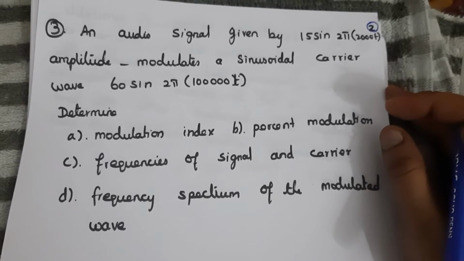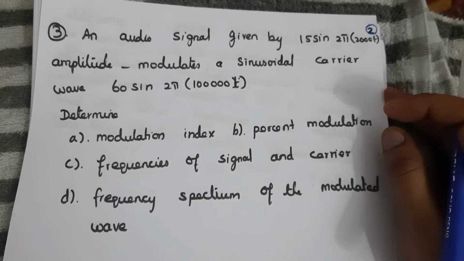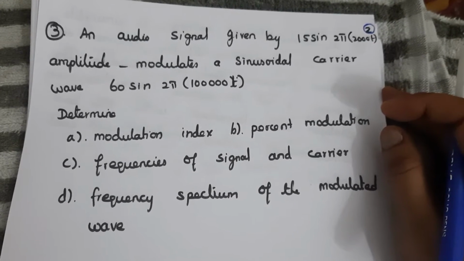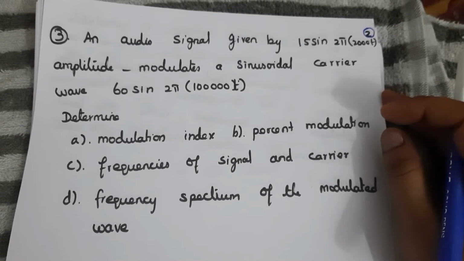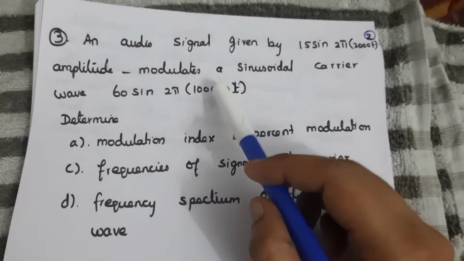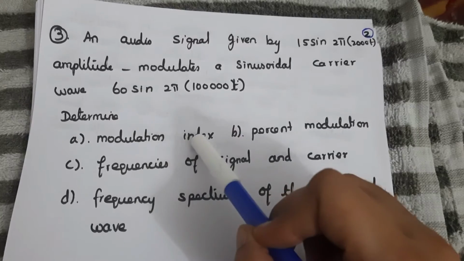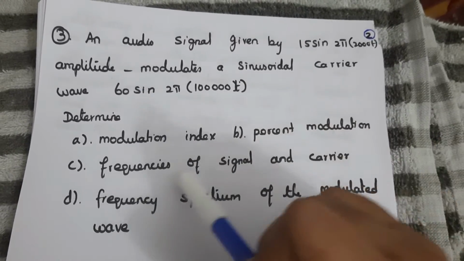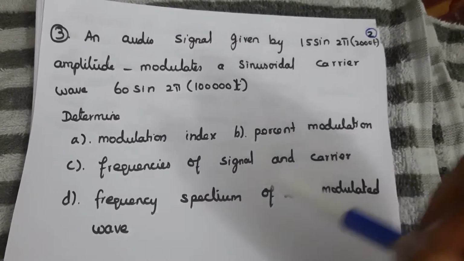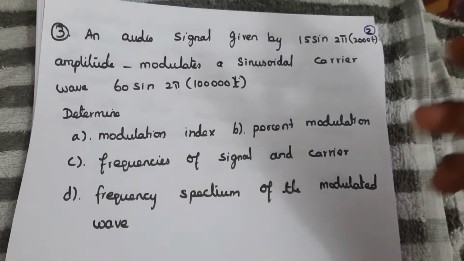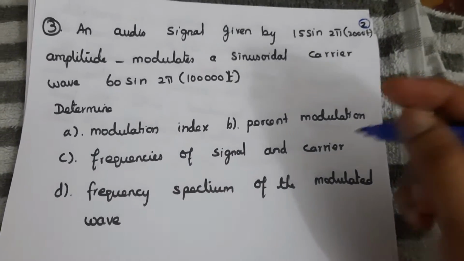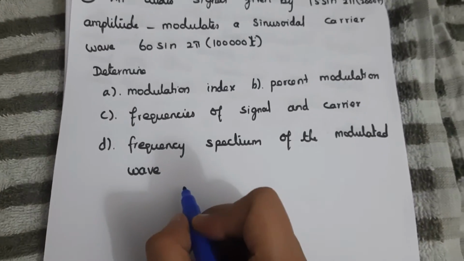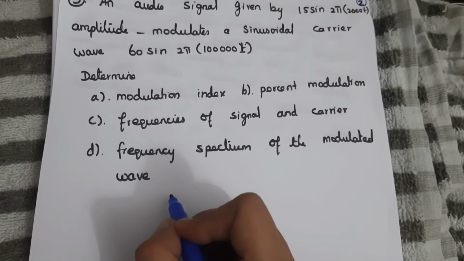Third question, an audio signal given by 15 sin 2 pi 2000 t amplitude modulates a sinusoidal carrier wave 60 sin 2 pi 1 lakh t. Determine the modulation index, percentage modulation, frequencies of signal and carrier, frequency spectrum of the modulated wave. And we know the mathematical representation of a sinusoidal wave.